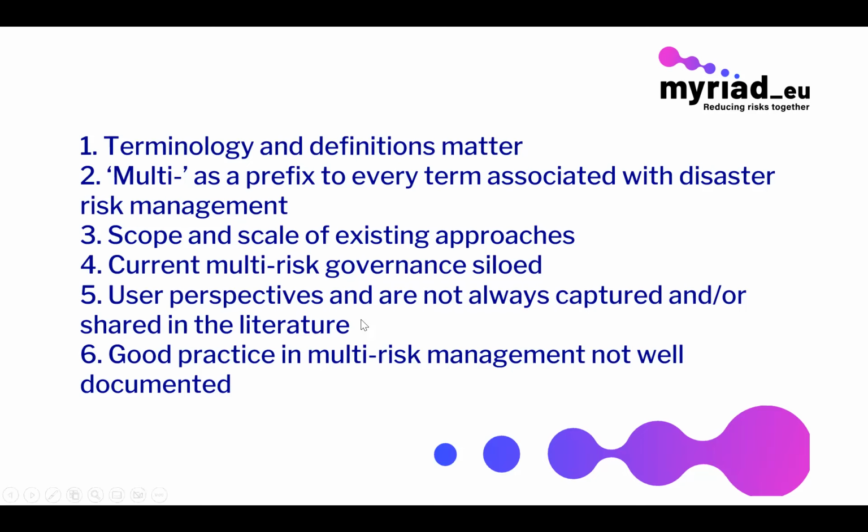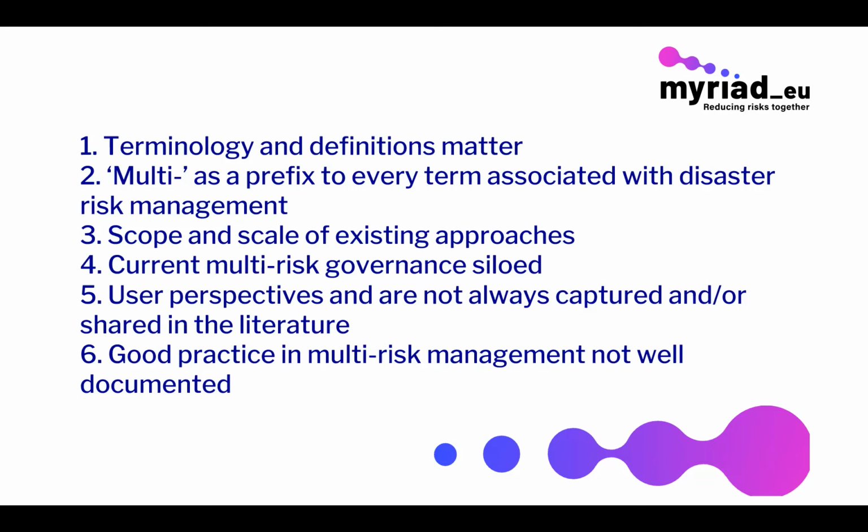We analyzed a little bit the scope and scale of some of the existing approaches, and found that there's a lot of examples of hazard and risk assessment in literature. Well, a growing amount, and that's great. But we found not so much about multi-risk management within the literature. So that's something to be noted as important going forward.